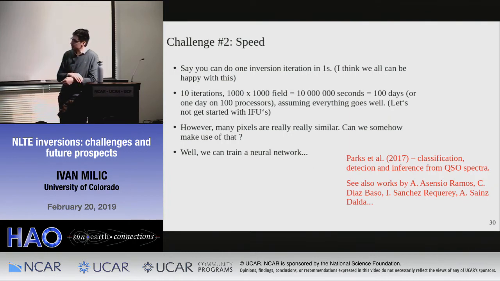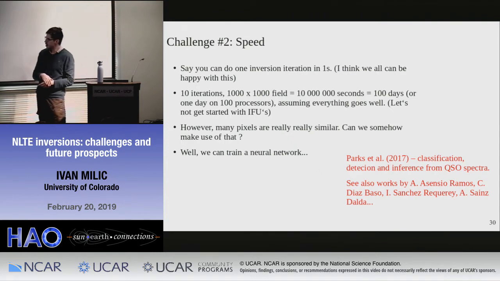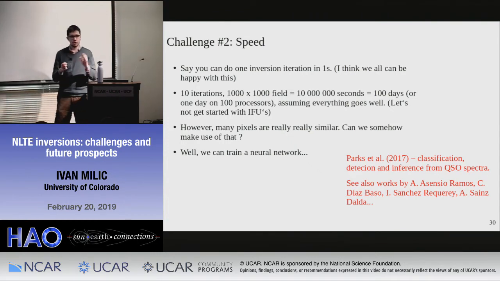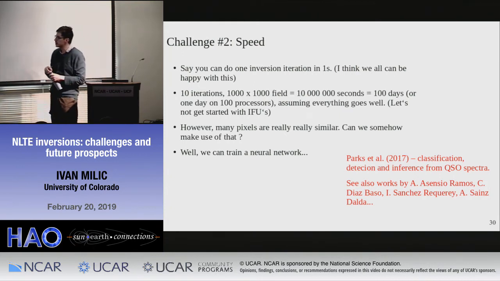And you needed only 10 iterations to fit your profile. And you wanted to fit the million pixel field. It means that you need to do 10 million iterations of 1 second each, which is 100 days on one computer, or 1 day on 100 processors. And although 100 processors doesn't sound so little, it's also not super trivial to have an efficient parallelized code working on 100 processors.